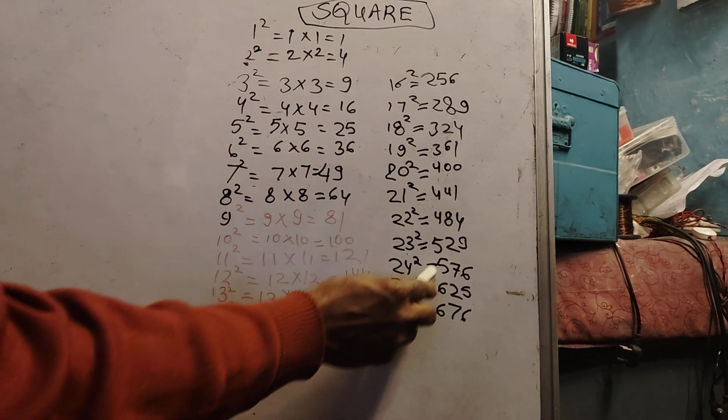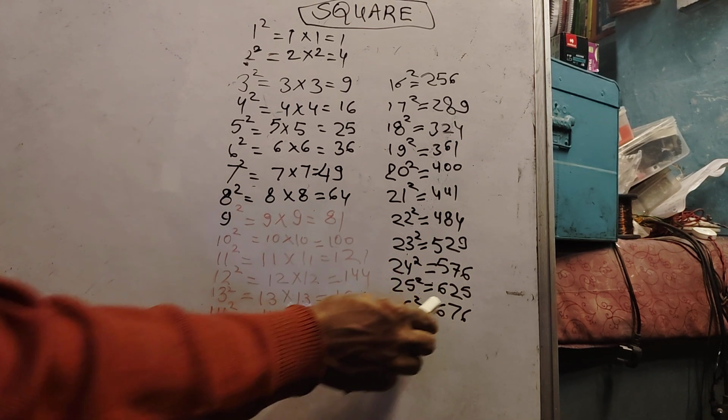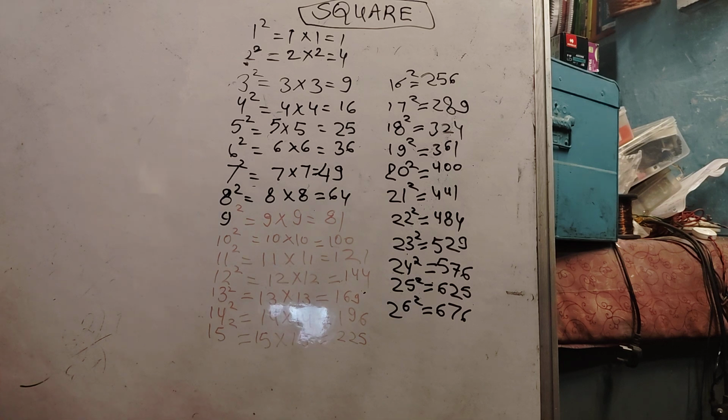Similarly, 24 square is 576 and 26 square is 676. So there is a 100 difference: 500 and 600, and 76 is the same. So there are consecutive numbers whose squares you can learn.